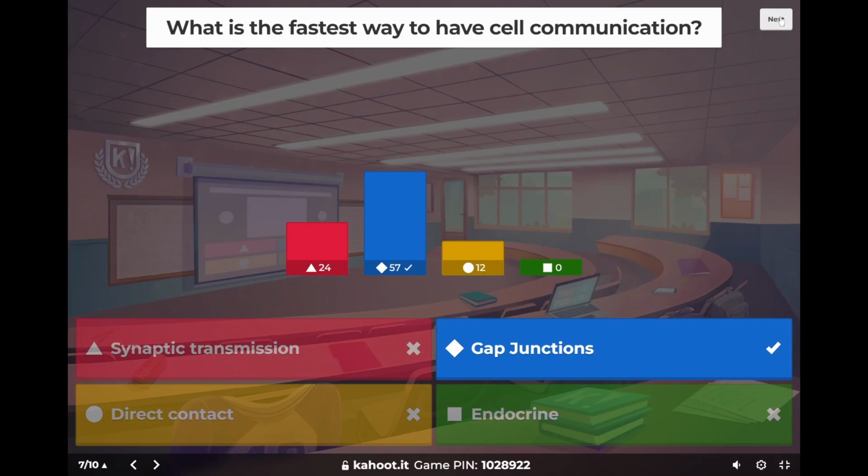Synaptic transmission is slower compared to the gap junctions. Remember, gap junctions, like electrical synapses, go very fast. Direct contact is nothing because you have cells touching all the time. Doesn't mean they communicate. They have to have that gap junction to allow things to go from cell to cell. Endocrine deals with blood, very, very slow. It's got to go into the bloodstream, get to the target, have an effect. So the fastest thing are those gap junctions.